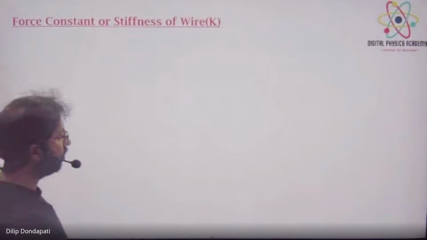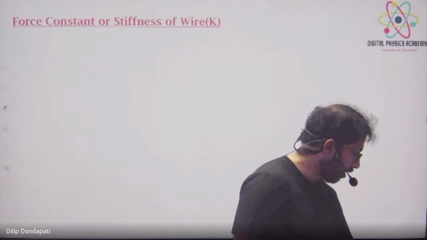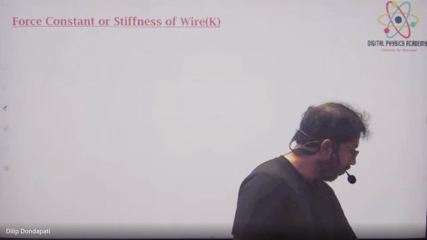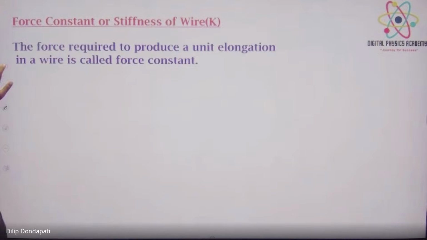Okay, force constant and stiffness of wire के बारे में learn करेंगे. Force constant and stiffness of wire. Okay, तो इसमें क्या है आपको वायर के साथ we can combine with the spring. Okay, so we'll see that one. A force required to produce a unit elongation in the wire is called force constant.